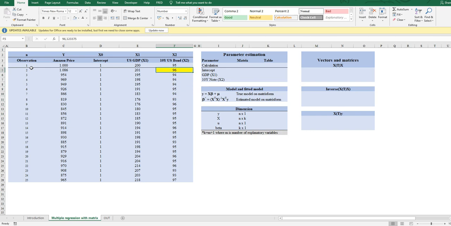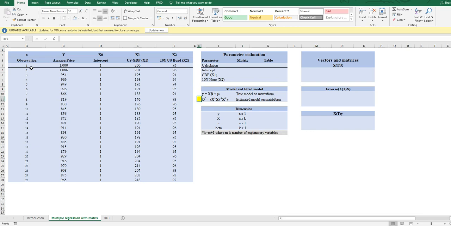As always with cross-sectional models like this one, we need ultimately also to predict the GDP and the 10-year bond if we want to predict the Amazon price. But the idea about the estimation is to get a functional relationship on which we can use the predictions of the explanatory variables.